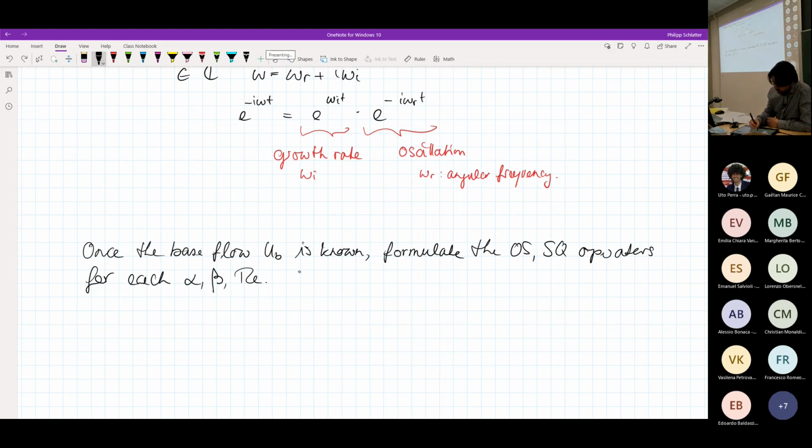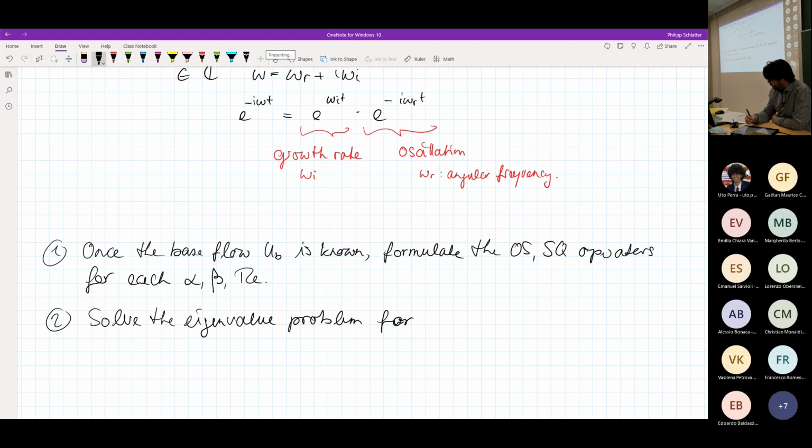Once we have done that, well, we can go like this. Then the second step would be solve the eigenvalue problem. And we solve that for, well, what the result will be is omega, and omega would be the eigenvalue.